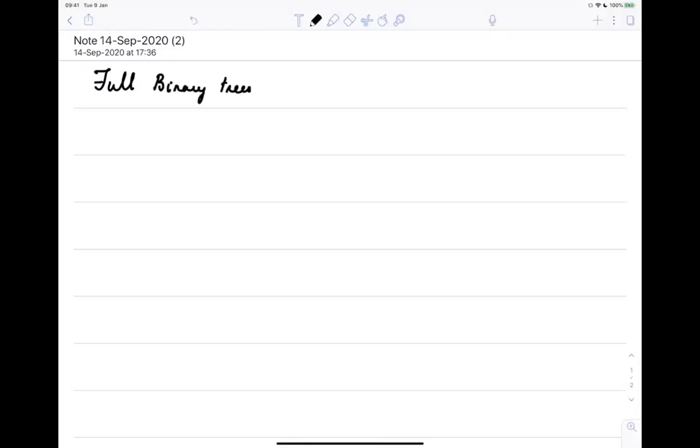For example, let's look at full binary trees. If there are I internal nodes, then the number of leaves L is I plus 1.